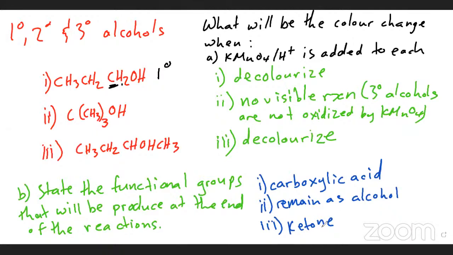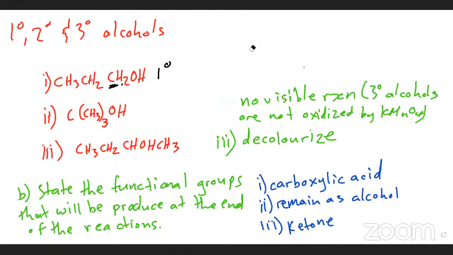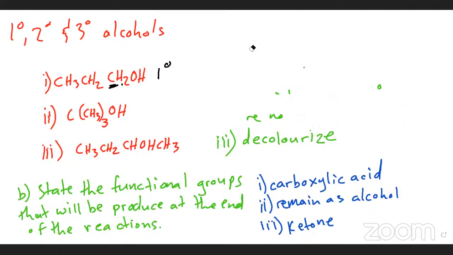Question. How would you differentiate between compound 1 and 3? No, compounds 1 and 2. I was saving that one for compounds 1 and 3. If you remember, compound 2 is a tertiary alcohol, and tertiary alcohols are not oxidized.